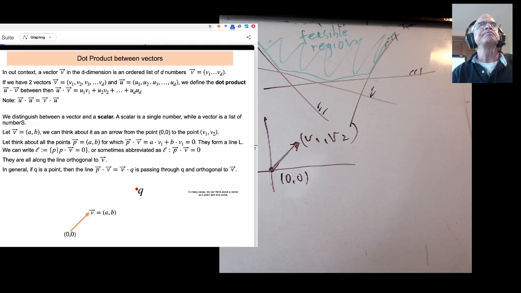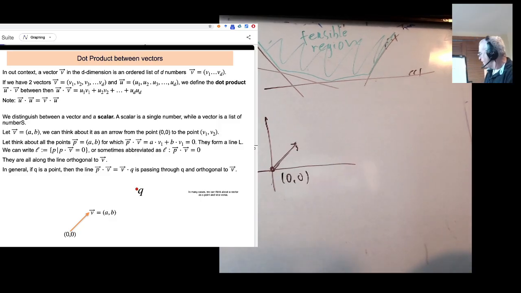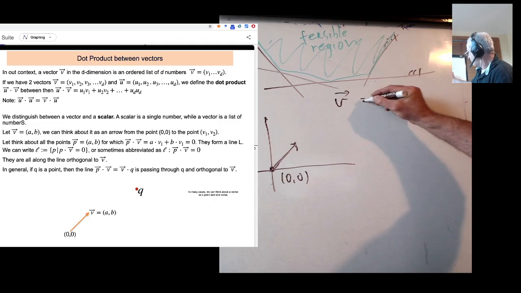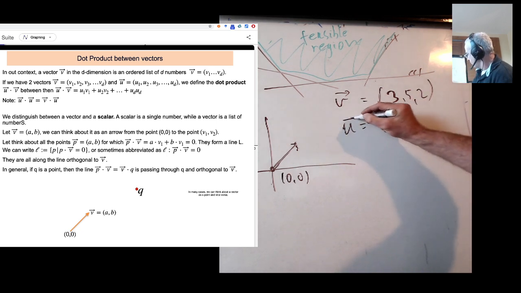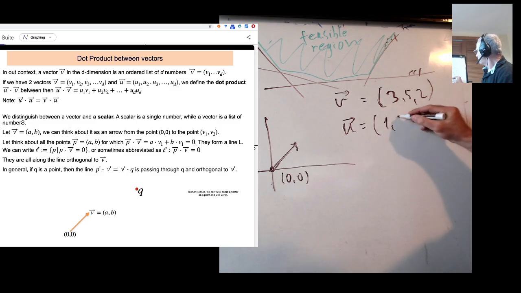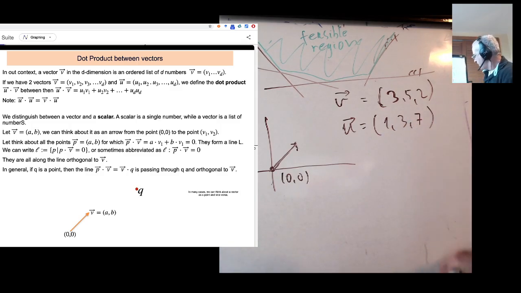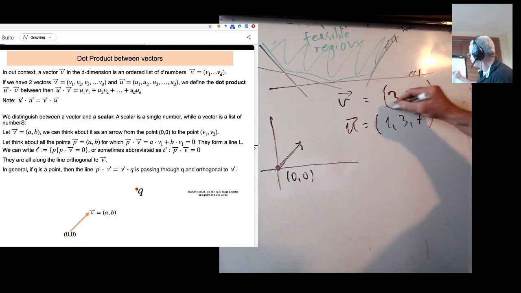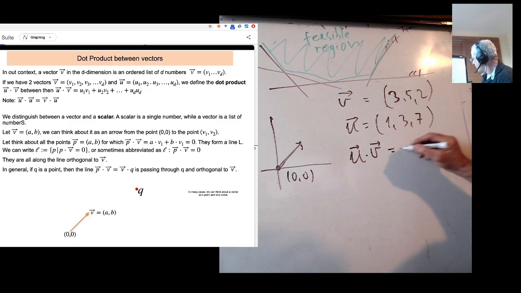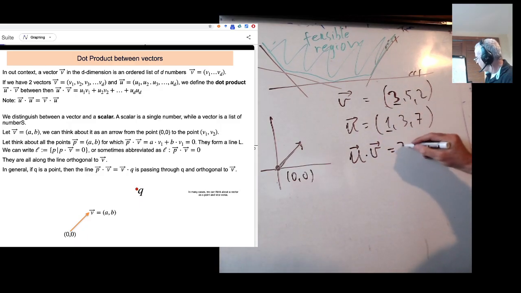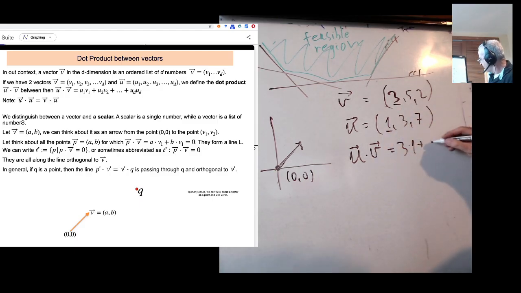Quick example. If V equals 3, 5, 2 and U vector equals 1, 3, 7, then U dot product V is, take the first times the first, that is 3 times 1, plus 5 times 3, plus 2 times 7.